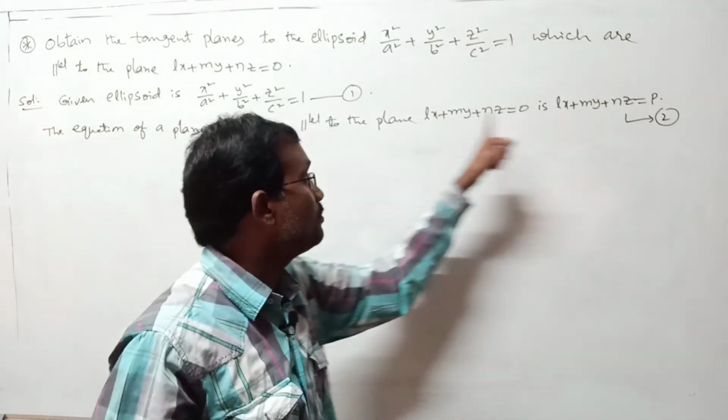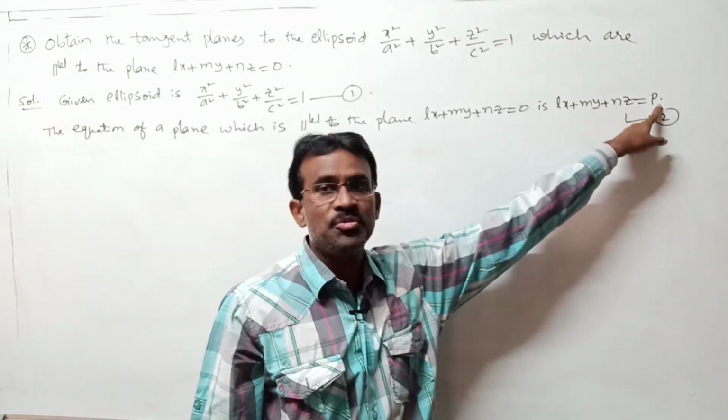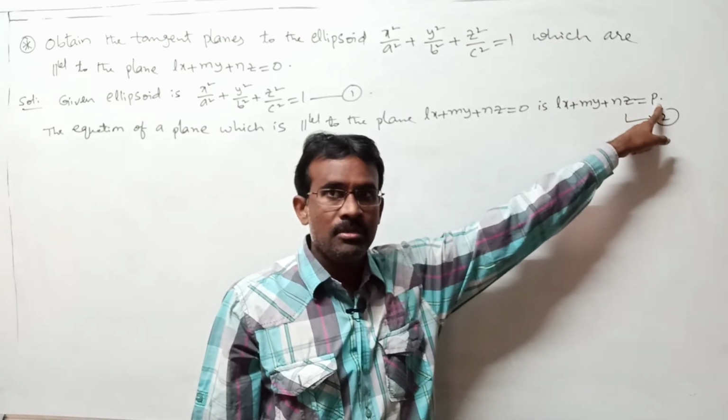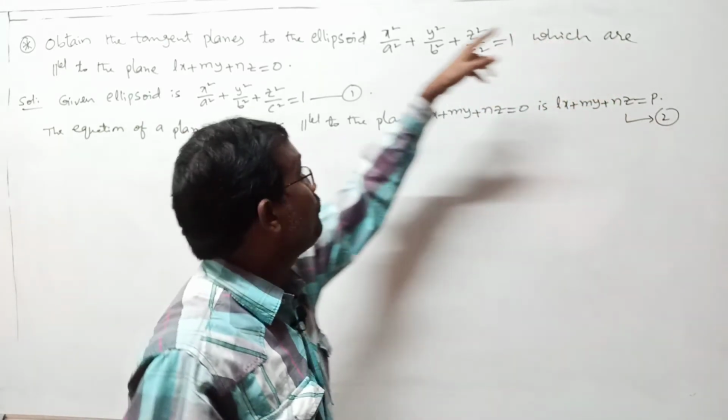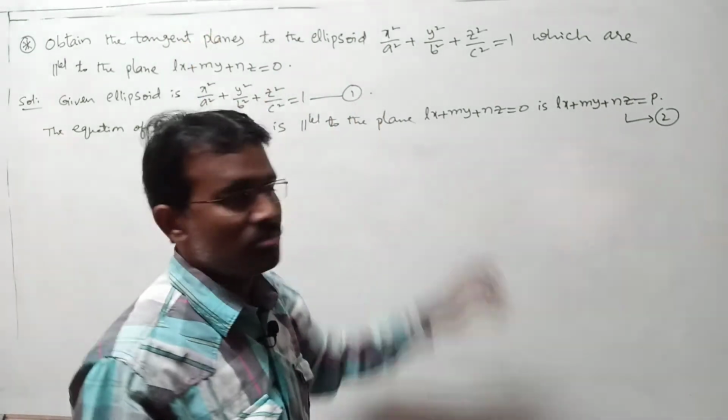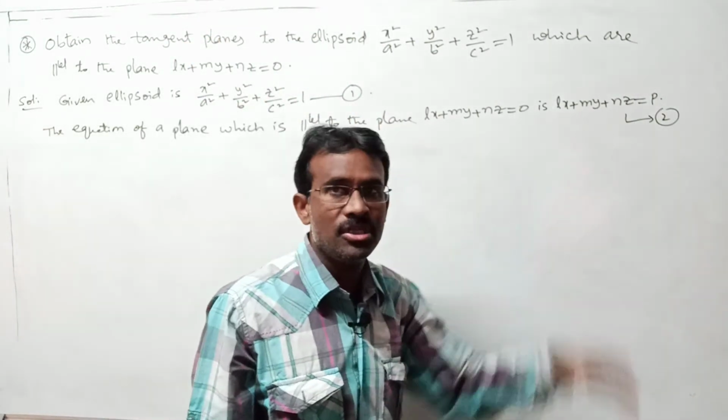It is not a regular plane, it is parallel to this plane. You have to find the value of P according to your tangent condition. Now take this one as equation number 2.